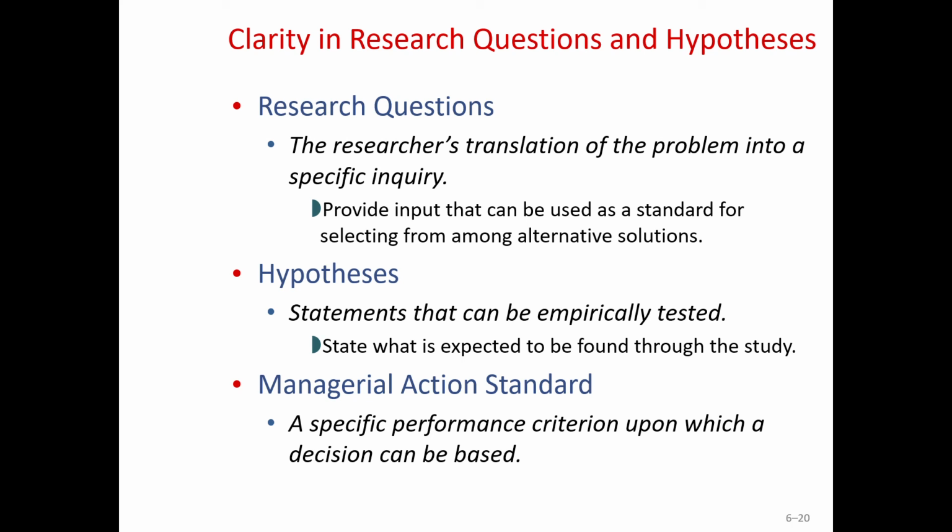If the criterion to be measured, for example sales or attitude change, turns out to be higher than some predetermined level, management will do A. If it's lower, management will do B. So research objectives also should be limited to a manageable number. Fewer study objectives make it easier to ensure that each will be addressed fully, and it becomes easy to lose focus with too many research objectives.